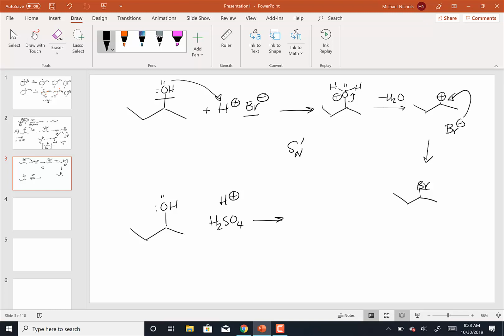What's the advantage of H2SO4? Once the H2SO4 donates the H plus to the alcohol, protonates it, I end up with an HSO4 minus as my conjugate base.